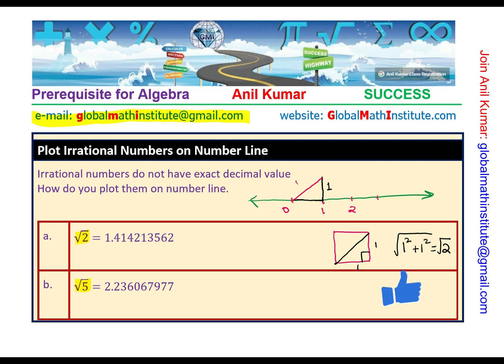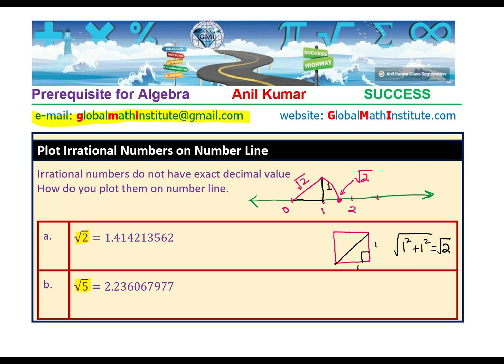So that is the square root 2. Now take a compass and go down. So we have a value here which corresponds to square root 2 on a number line. You think it makes sense, right? So we have got the exact value. And that makes sense because all real numbers can be plotted exactly on the number line, even irrational numbers.